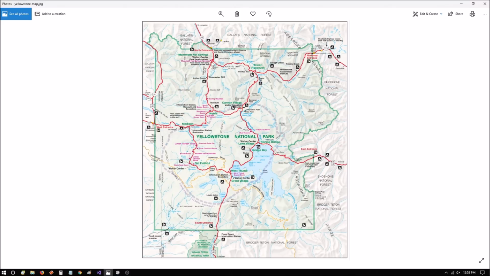Over here, there are signs that tell you to go down to the Norris Geyser Basin. On this side, they tell you about Tower Falls, Devil's Tower, and the canyon. There are actually signs on this road that tell you, canyon, 35 miles, Grand Canyon, 15 miles, and it directs you through the park.